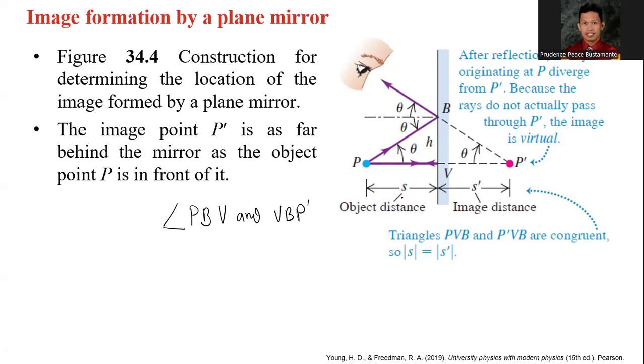So we can say that these triangles are congruent, and the magnitude of the distance here is equal to the magnitude of the image distance.